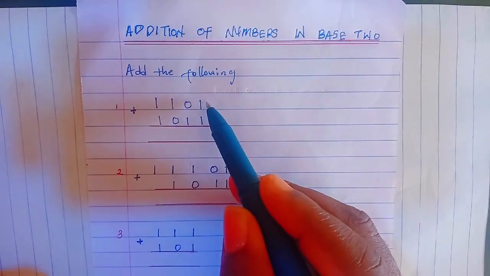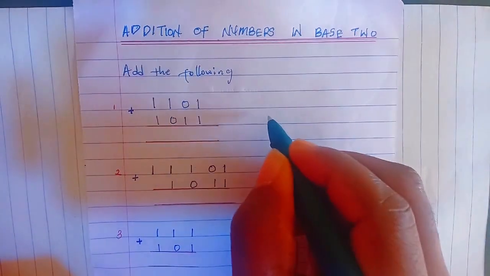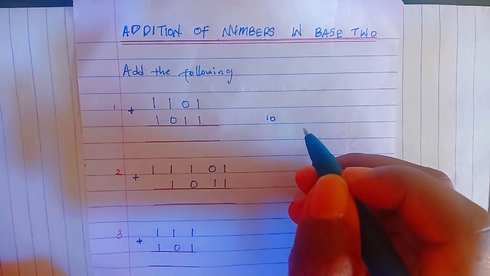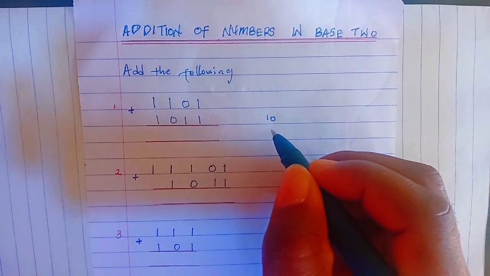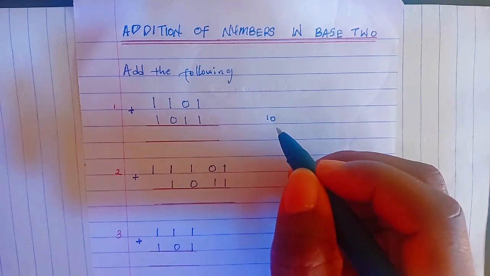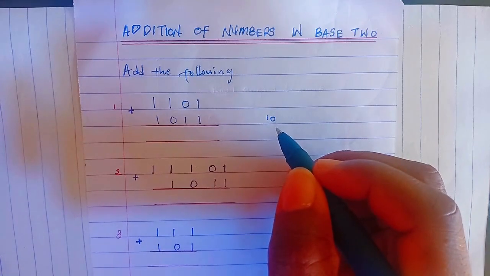This is 1. If we add 1 to 1, we are going to have 1, 0. Yes, 1, 0, because 2 in base 2 is 1, 0. If you don't know how to count numbers in base 2, you can check the last video I posted where I showed you how to count numbers in base 2.